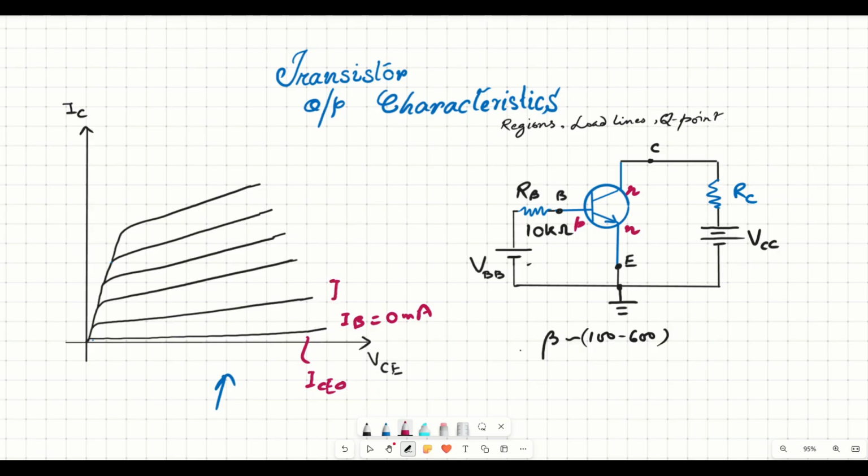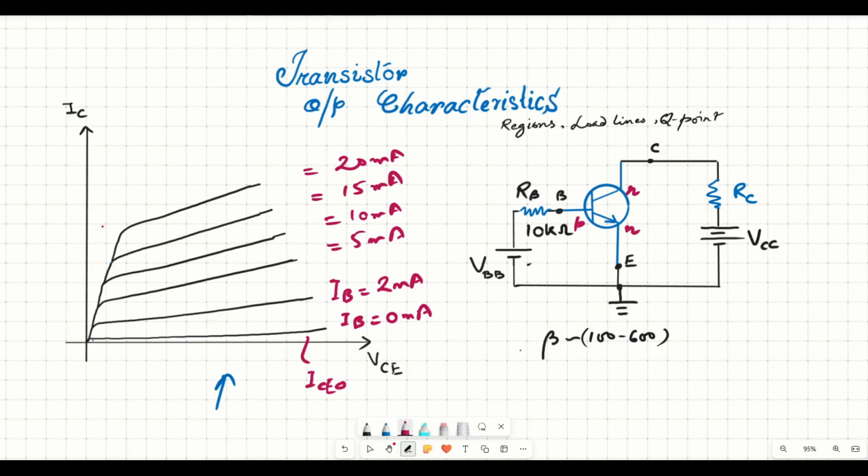Then as the IB current increases, the collector current also increases. Suppose 2 milliampere, then IB equals 5 milliampere, then 10 milliampere, and so on. The current will gradually increase in steps.